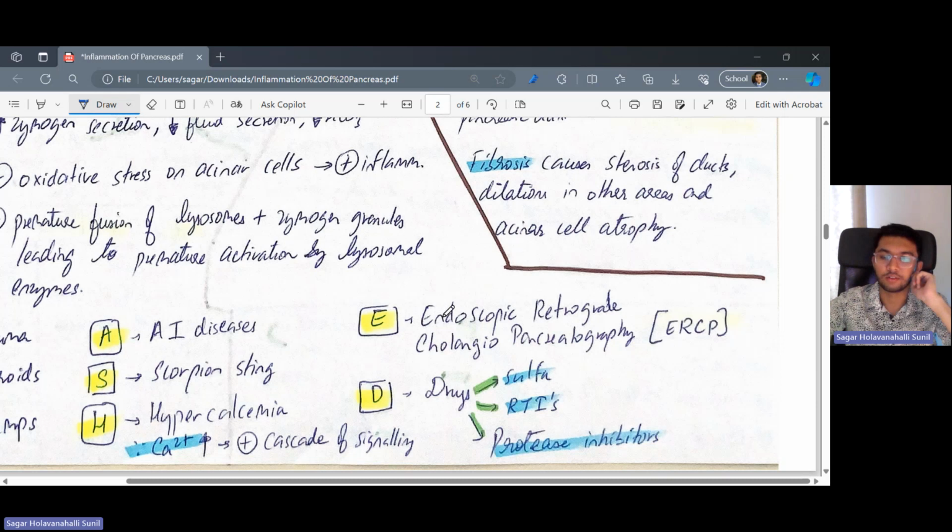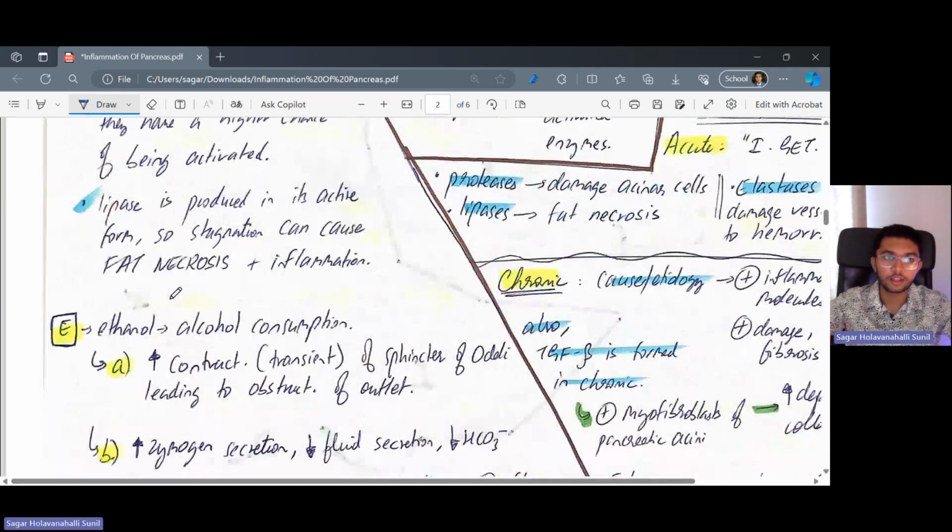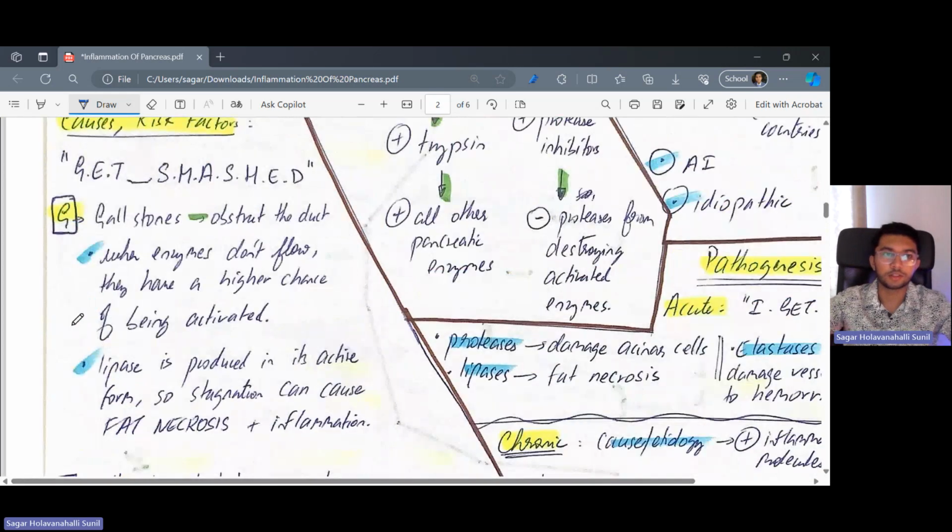This is basically a surgical procedure. D is for drugs. So sulfa drugs. RTI stands for reverse transcriptase inhibitors. This belongs to antiviral drugs. Then you also have some protease inhibitors. So let's get back to G and E because there's quite some explanation to be done.